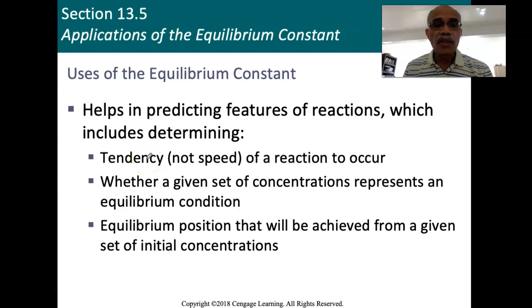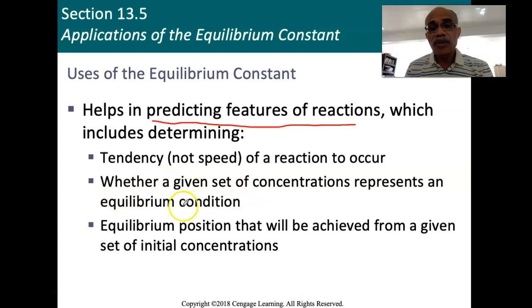So the usefulness of the equilibrium constant. These are the function or the purpose of the equilibrium constant. It helps to predict the features of reactions. So you can determine the tendency, that is not speed, of a reaction to occur, which is really a term that we will study more later on.